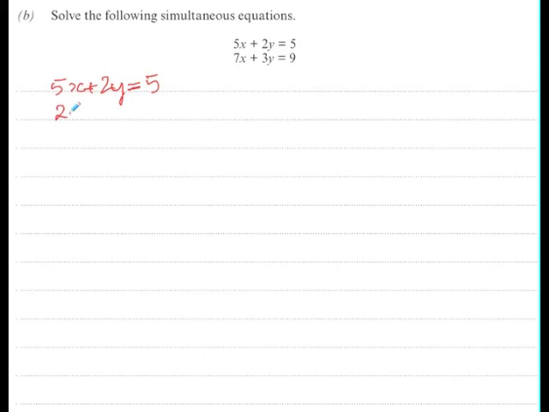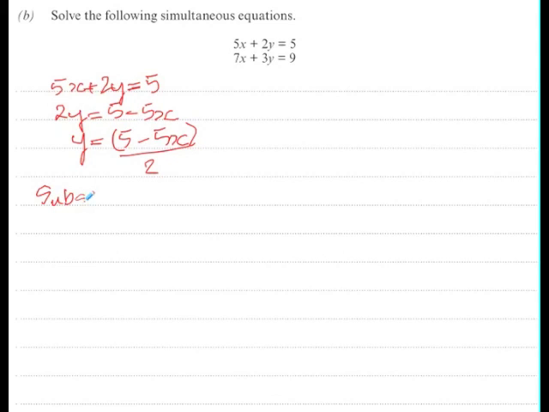So 2y, by subtracting 5x from both sides, we get 5 minus 5x. And that is equal to, y equals 5 minus 5x over 2.